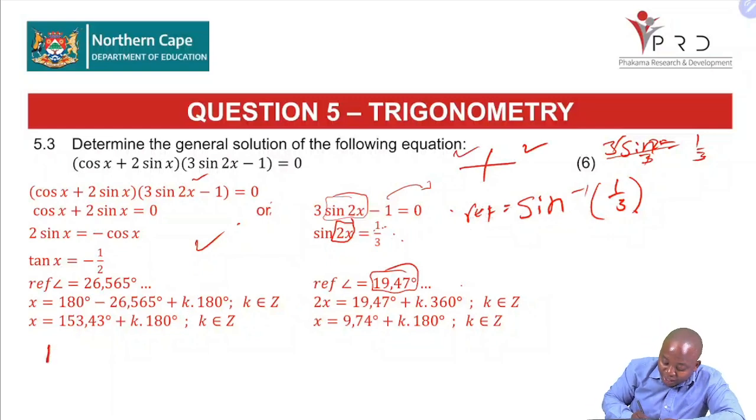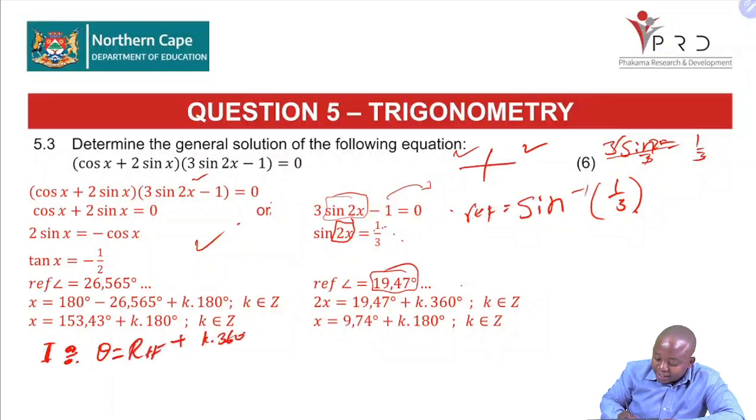For quadrant number 1, theta is equal to the reference plus k times 360. That is for the first quadrant. For the second quadrant, theta is equal to 180 minus reference plus k times 360.